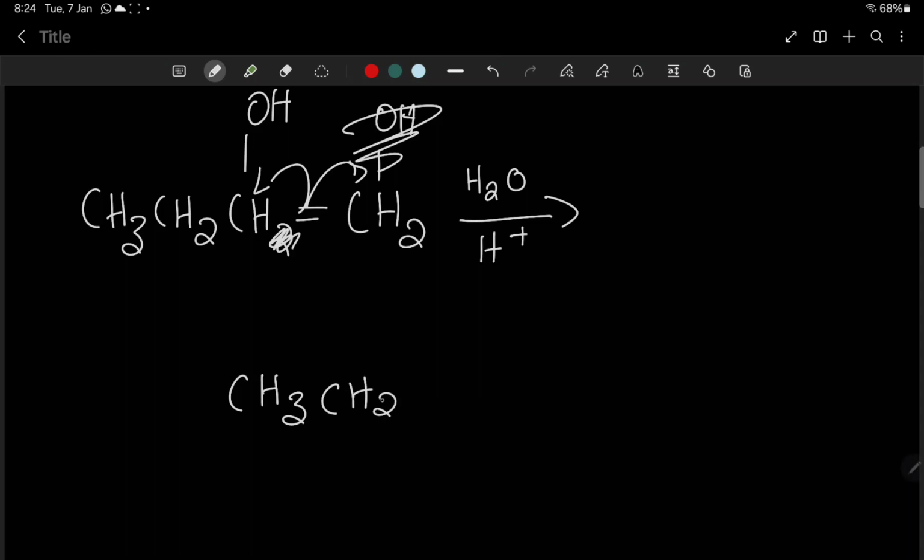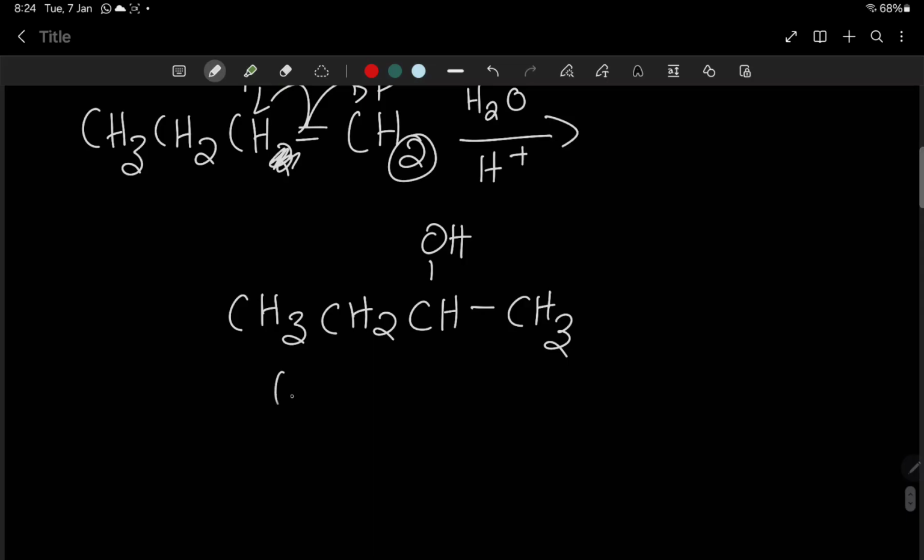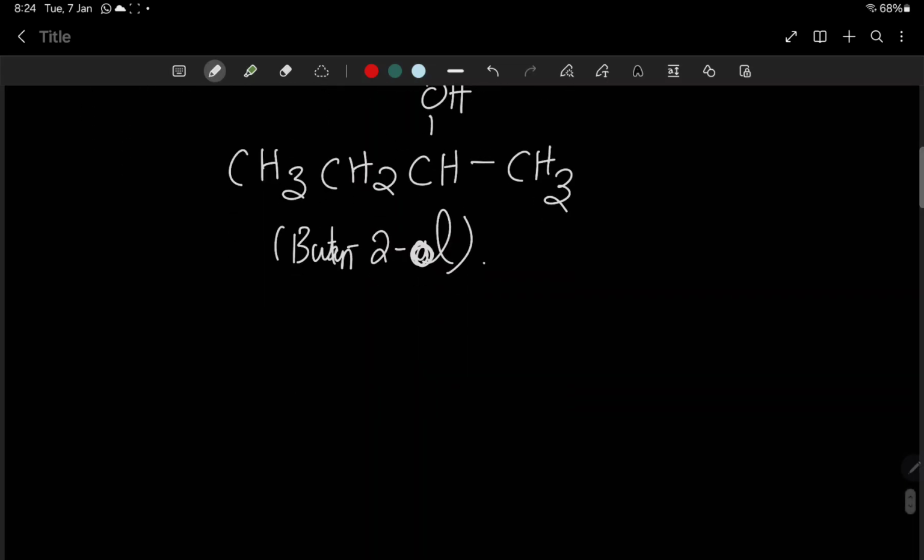So here, in this 2 carbon, here there is 2 hydrogen, here there is only 1 hydrogen. So attached to the carbon that is having 1 hydrogen. Over. We get CH3 here, and we get the compound as butan-2-ol. This is the basics of acid catalyzed hydration.